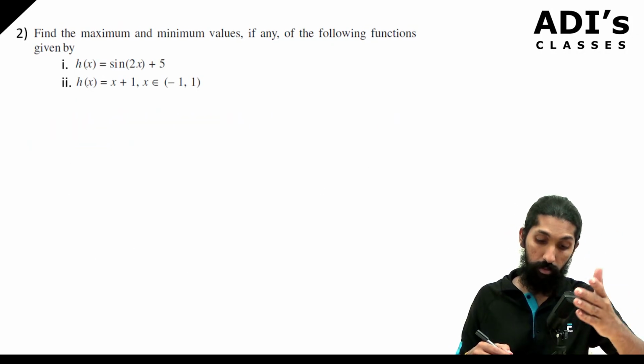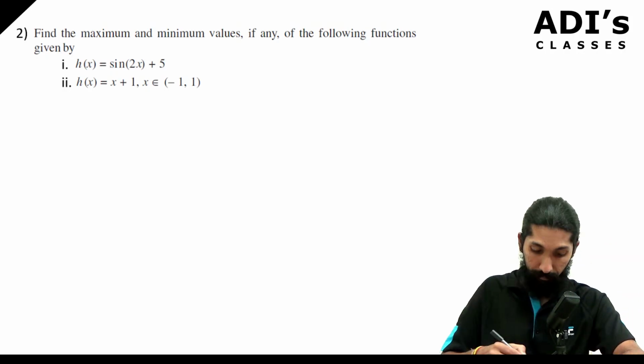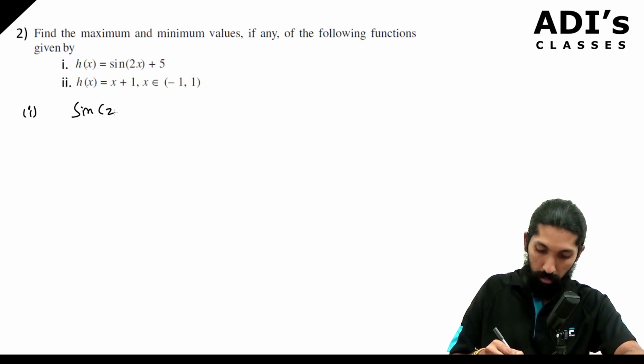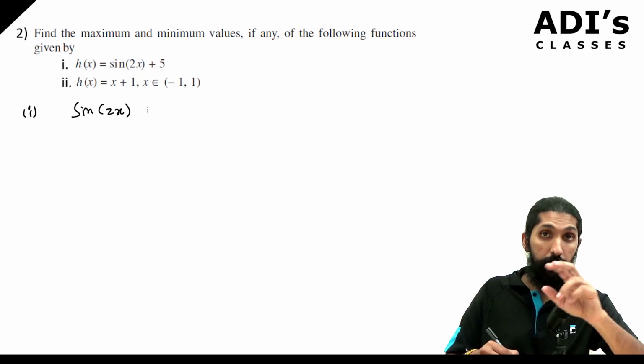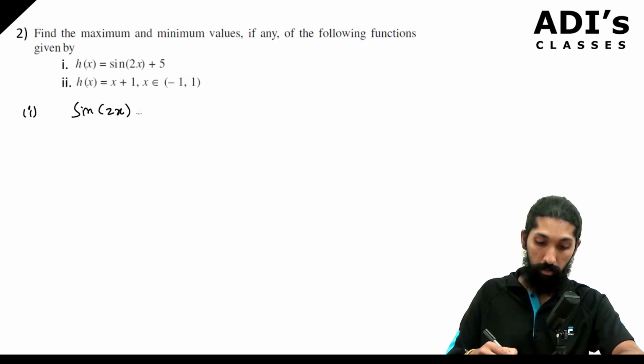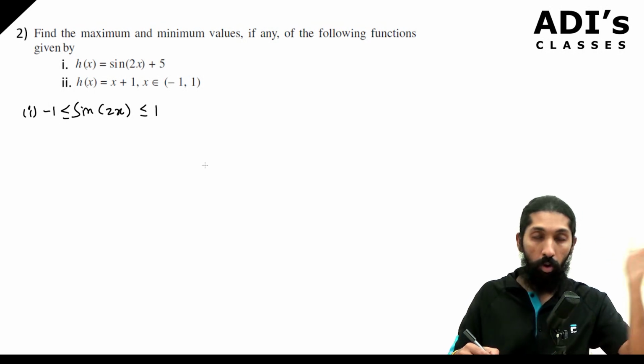sin 2x + 5. Correct. So when you have sine of 2x, you know sine 2x is between -1 and 1. So we can write this as -1 less than or equal to sine 2x less than or equal to 1. Add 5 to all the three sides.